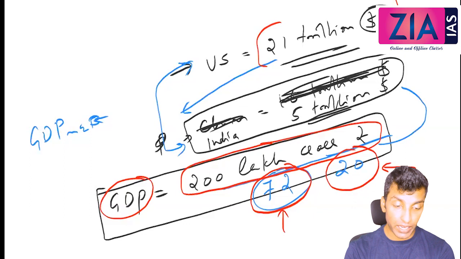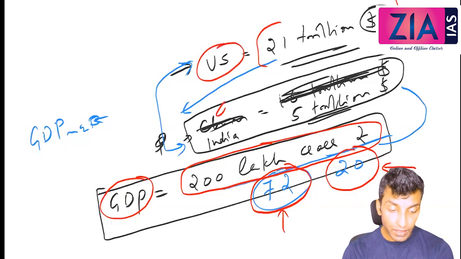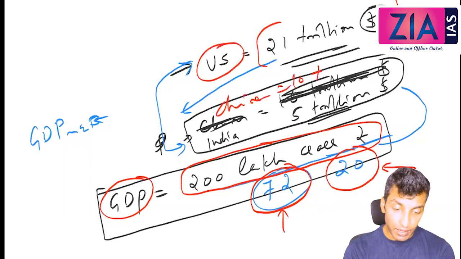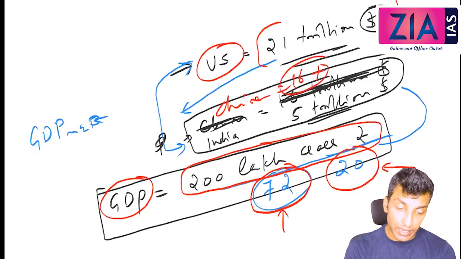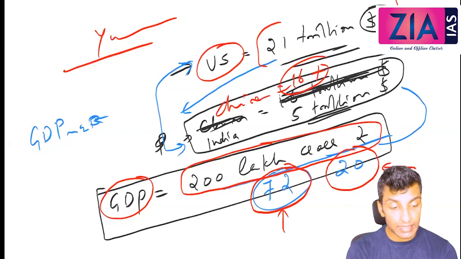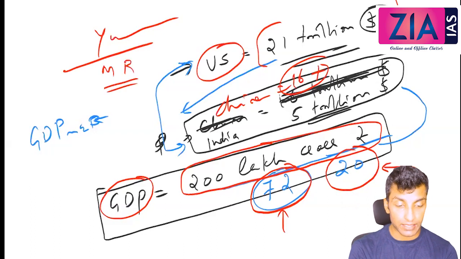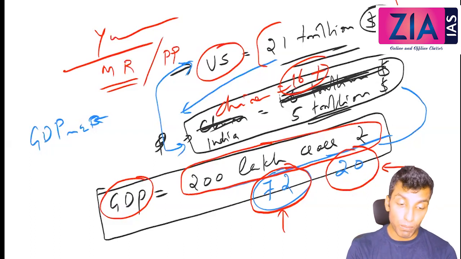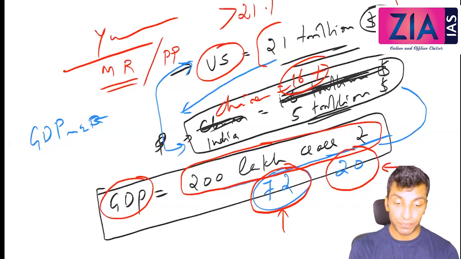US, let's suppose it is 21 trillion, and China, let's say it is 16 trillion. How are they getting the 16 trillion? Chinese GDP in their currency divided by their currency's exchange value, the market exchange rate, right? So instead of the market exchange rate, you divide with the purchasing power, and Chinese GDP will go more than 21 trillion.